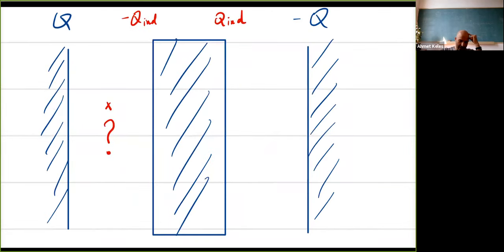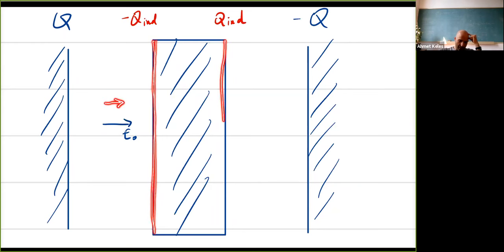So let's first write the contributions coming from these outer plates. Let's call this, maybe I can use blue, this is E naught, right? And now there is some charge contribution here, and its electric field, since this is minus, is going to be this way.